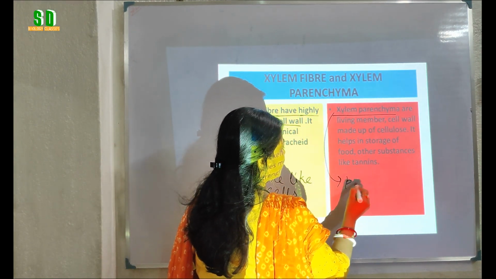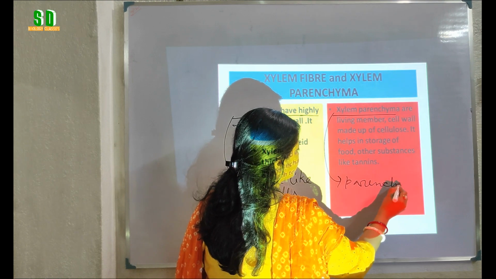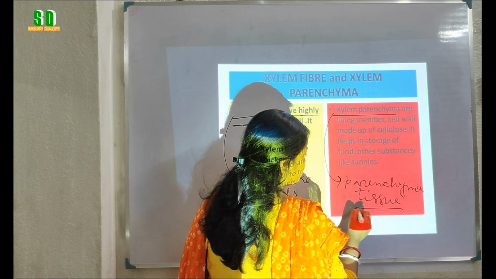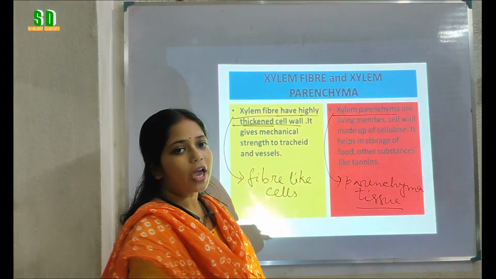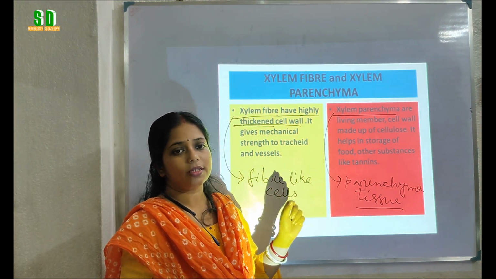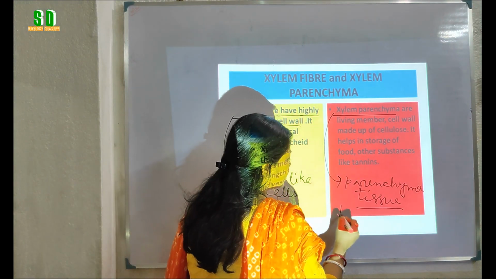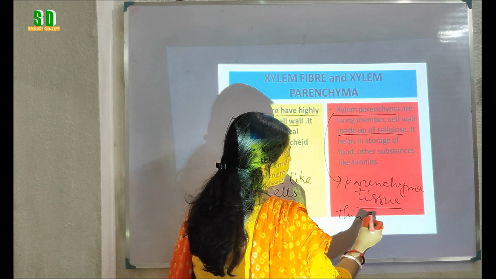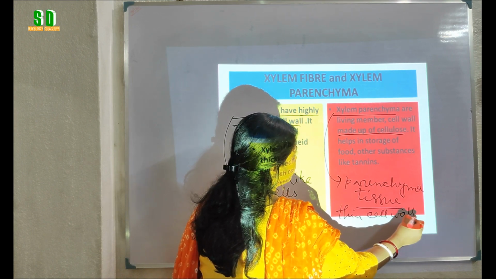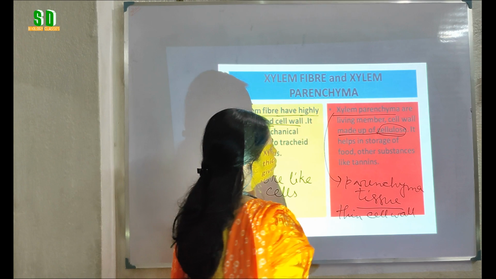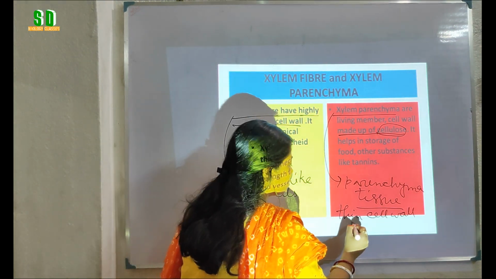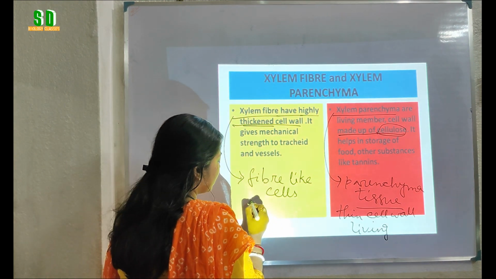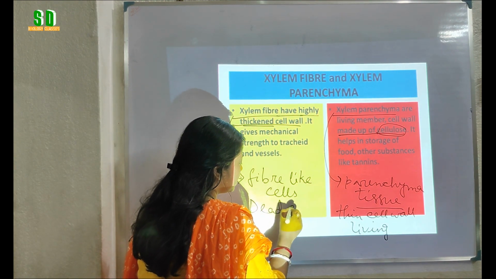Xylem parenchyma is made up of parenchyma tissue, hence it has a thin cell wall, and it is the living member of the xylem tissue. The cell wall is made up of cellulose, and these cells are living, whereas the xylem fibers are dead cells.